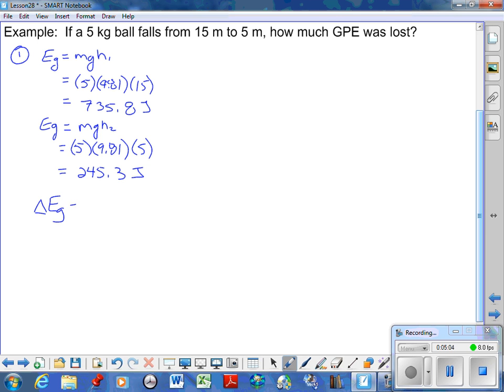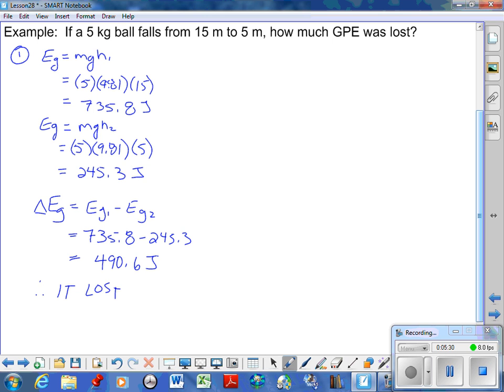So delta Eg equals Eg1 minus Eg2, which equals 735.8 minus 245.3. When you do that, we get 490.6 joules. So therefore, it lost 490.6 joules of energy.